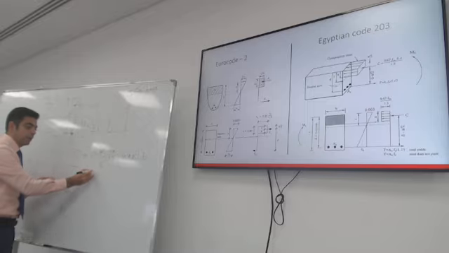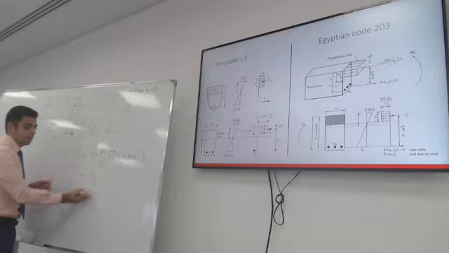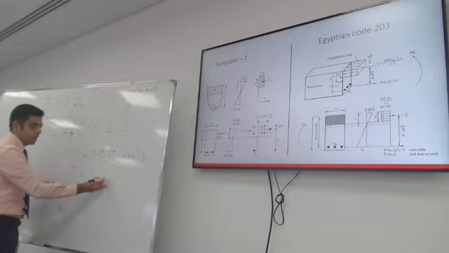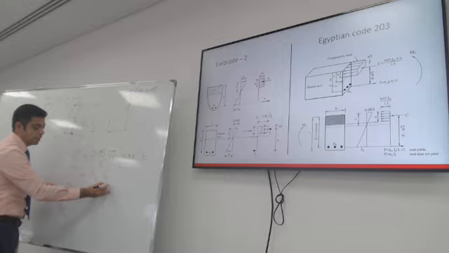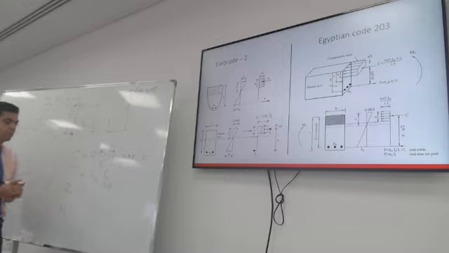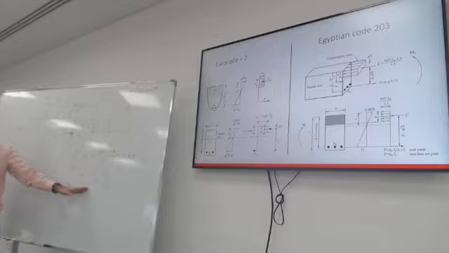So it will be the area of steel multiplied by the yield stress divided by the factor of safety for steel. And this is the tension force in the steel rebar.